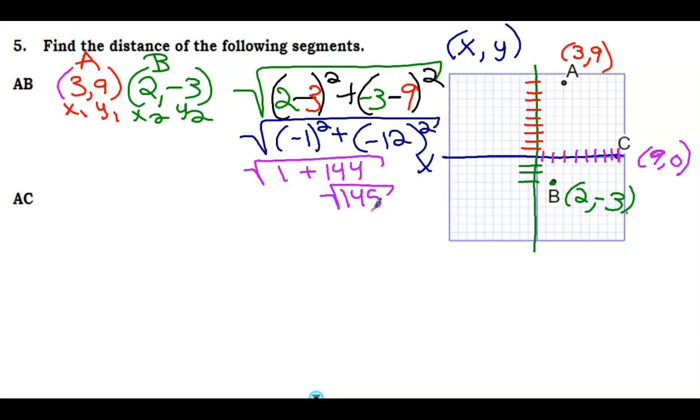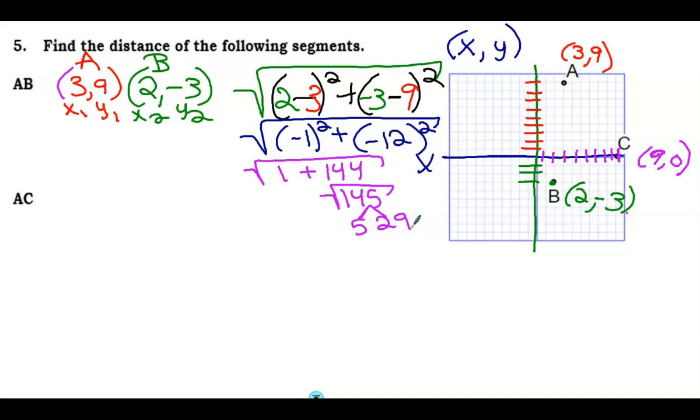Now I have to see what goes in to 145. So it ends with a 5, so I know that 5 can go in. So 145 divided by 5 is 29. So we've got 5 and 29. I don't think anything can go into 29. 3 can't, 6 can't, 5 can't, 9 can't.